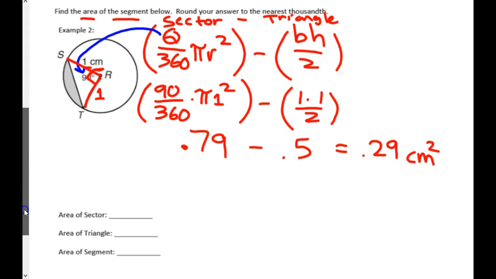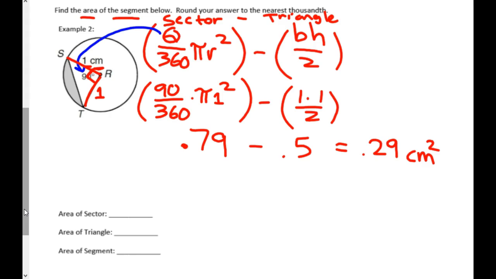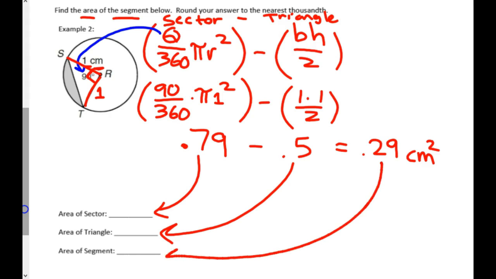Now, do you see how there's 3 blanks? That's it, right? So the sector was 0.79. The triangle was 0.5. We subtracted them to get 0.29. That's it. Okay? Ta-da!